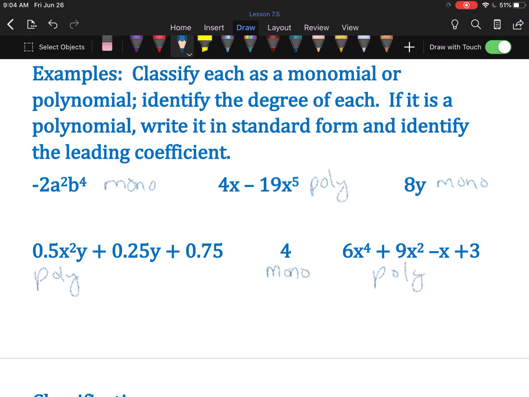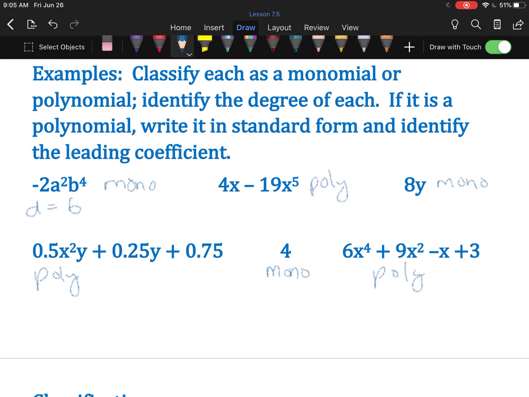Next up, identify the degree of each. Okay, so the degree is the sum, addition, of the exponents of the variables. So let's do the monomials first. Here we have an a squared and a b to the fourth. So the a has an exponent of 2, b has an exponent of 4. 2 plus 4 is 6.